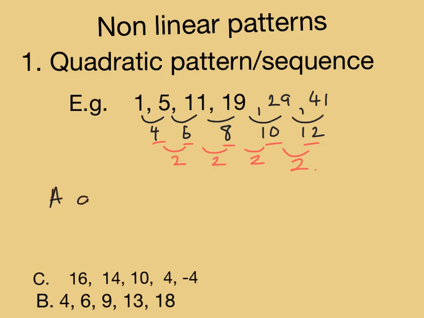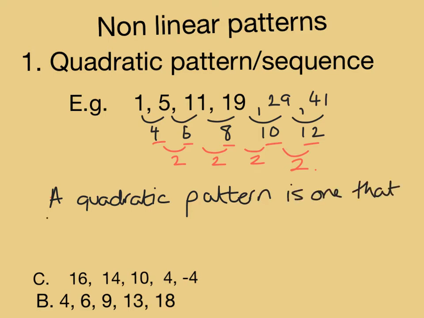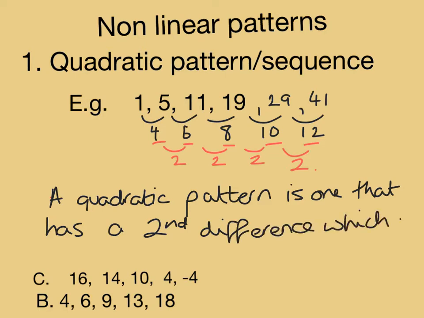A quadratic pattern, you can take this down, is one that has a second difference which is constant. So it has a second difference which is constant.